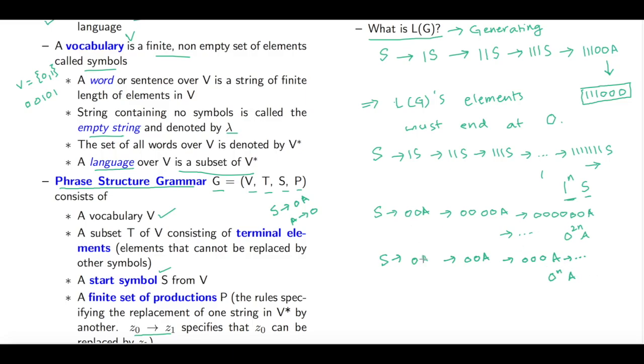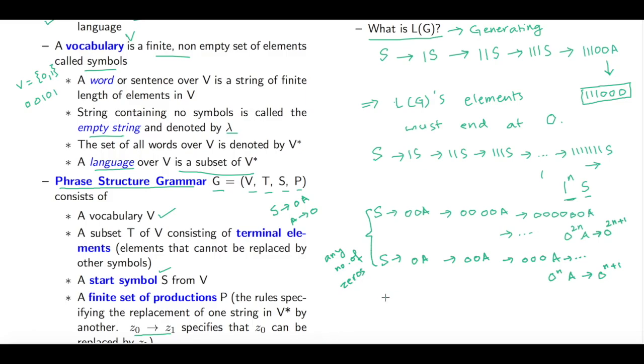And then if I want 3 zeros, I can also say 0A, 00A and then A ending up at 0. So this one I can say 0, and then if I want to terminate it, I can just say 2n plus 1 zeros. Here also, if I want to terminate it, I can say 2n plus 1 zeros. Now note that this is combined, so all what this does is that I can have any number of zeros.